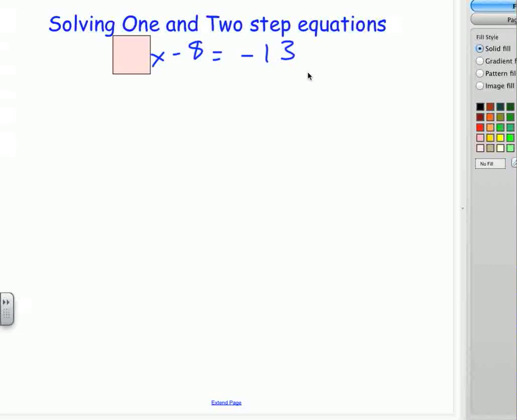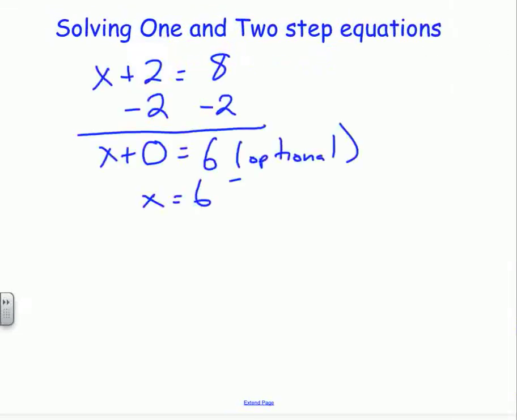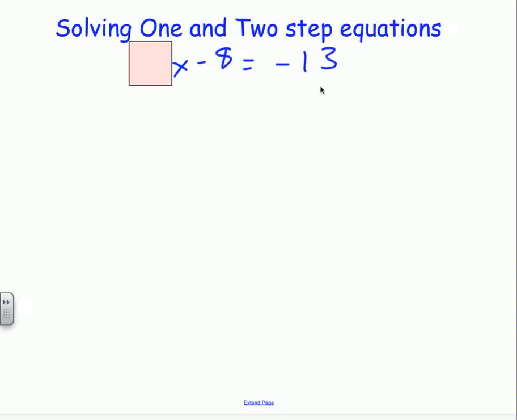I'm just pretending. That way it looks just like the problem we did before, just like this one up here, x plus 2 equals 8. So we know how to do that one. So it's just x minus 8 equals negative 13. You want to get rid of the negative 8, you have to do the opposite of that number. We have to add 8 to both sides.